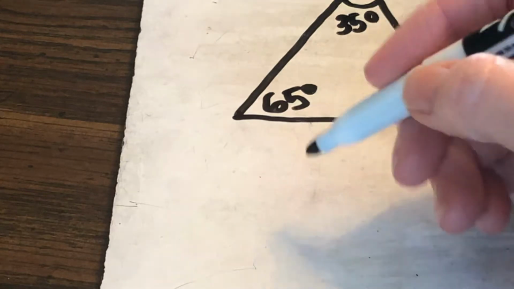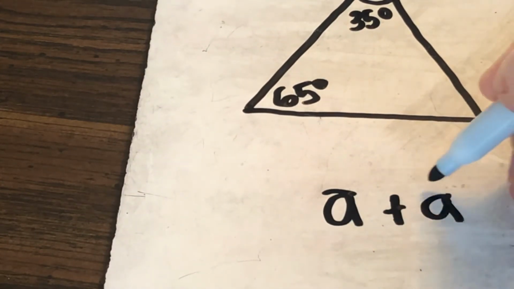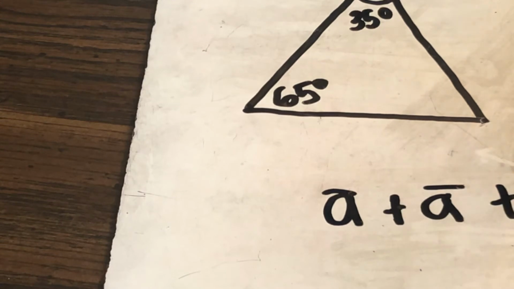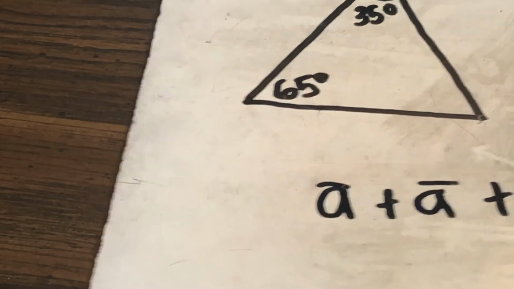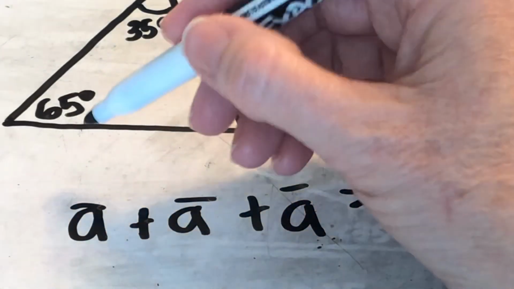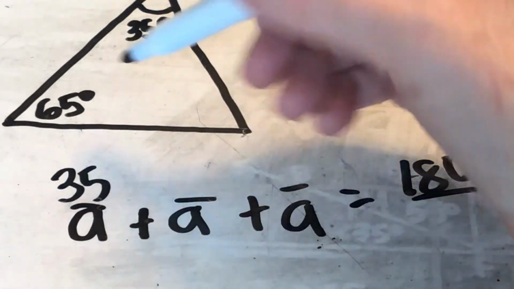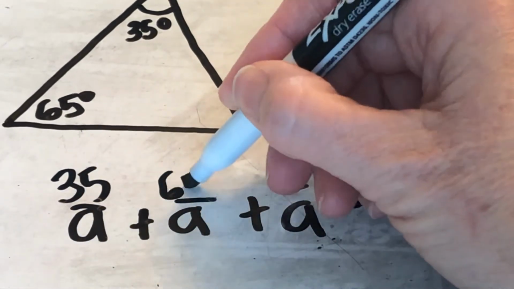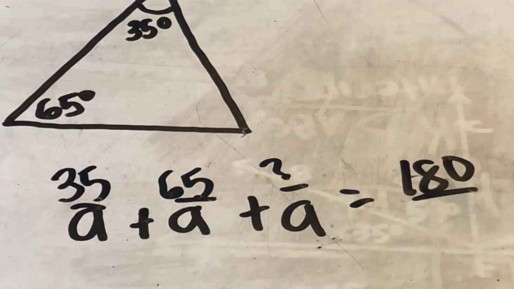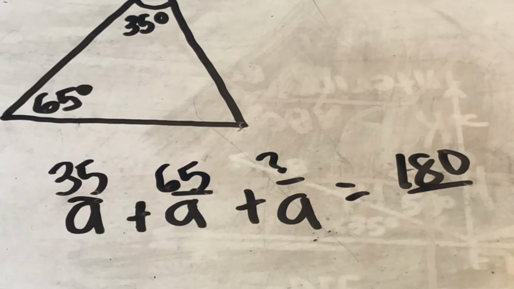Well, the first thing I'm going to put is angle plus angle plus angle equals, I already know the answer. I already know what the answer is. It's 180 degrees. Now I'm going to fill in what I have. Well, I know I have 35 degrees in my first angle, so I'm going to put a 35 there. I know I have 65 degrees in my second angle, so I'm going to put a 65 there. And I don't know what that missing angle is. So I know it has to equal 180.